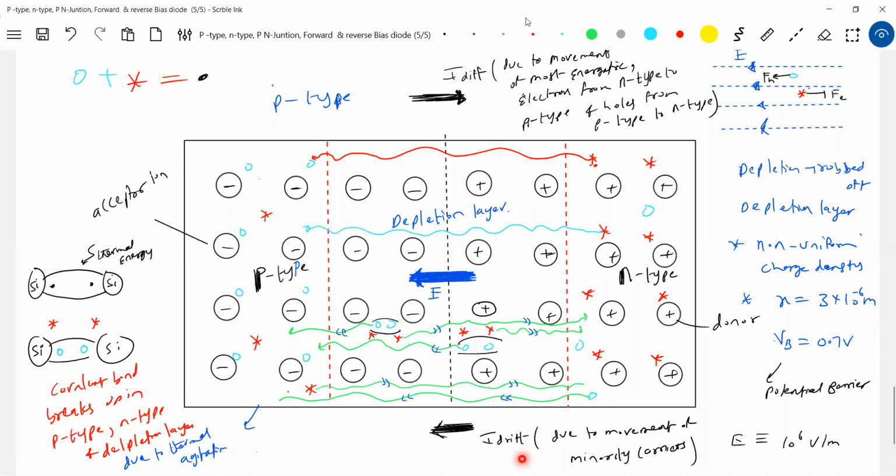Why minority carriers? Due to breaking up of covalent bonds in the depletion layer, the carriers which are generated are minority carriers. Either the covalent bond breaks up here or here, they'll become minority. Don't think that these electrons are N-type majority. No. This electron generated here moves similar to this electron.